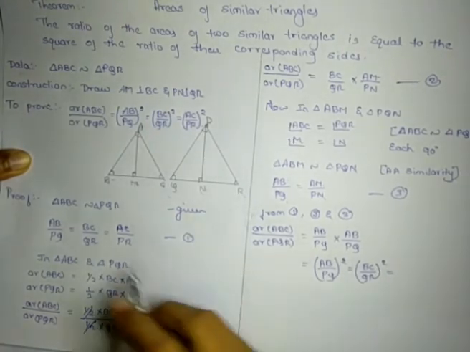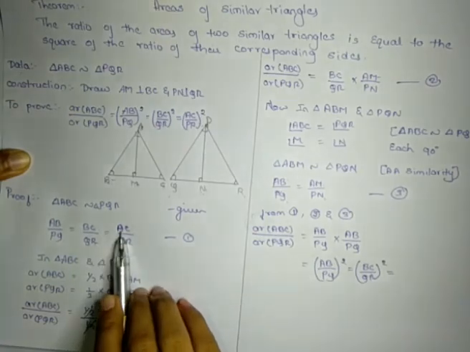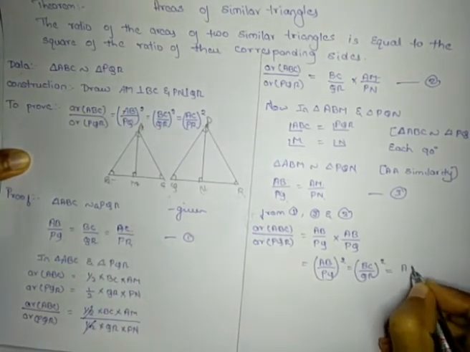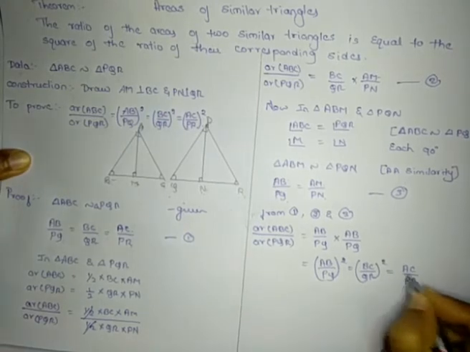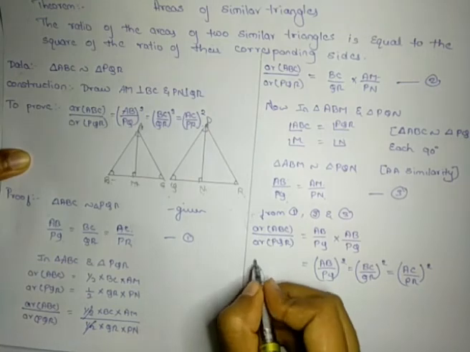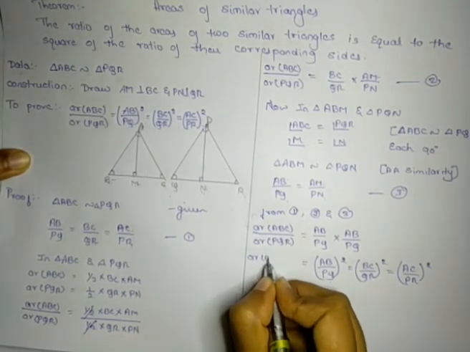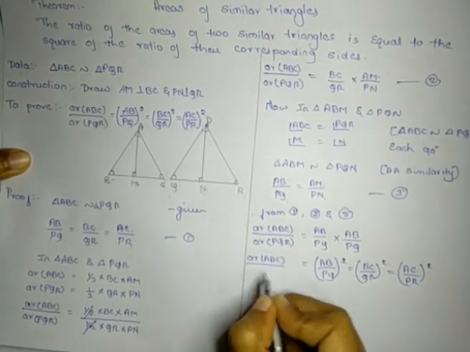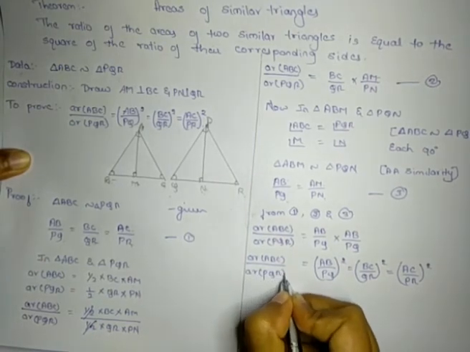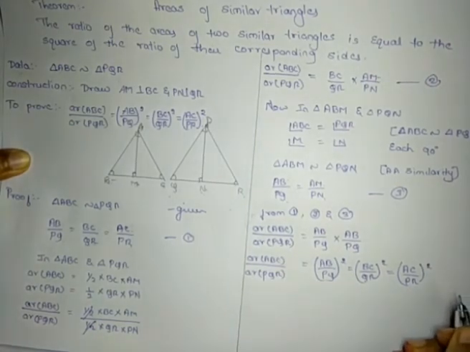And similarly BC divided by QR is equal to AC divided by PR, so we'll write AC divided by PR, again whole raised to square. Now we got area of triangle ABC divided by area of triangle PQR is equal to the squares of the ratios of their corresponding sides, right?